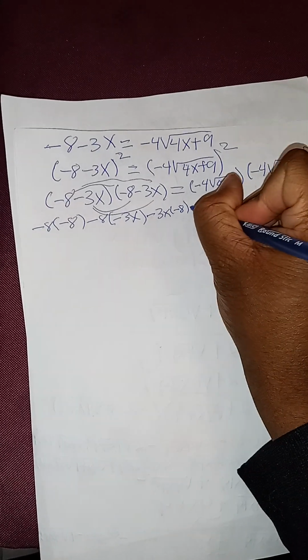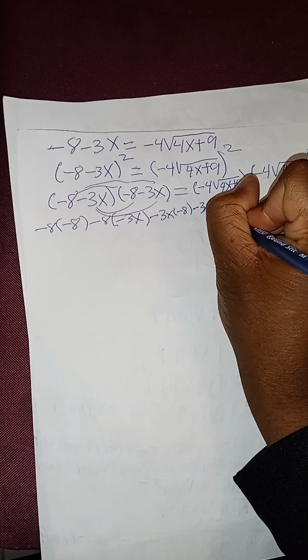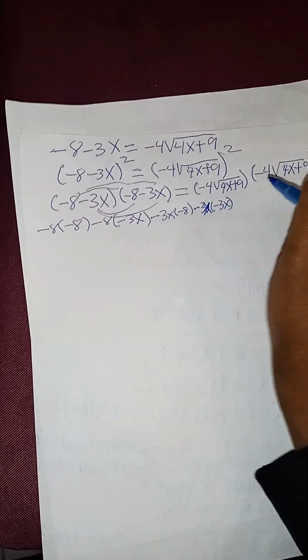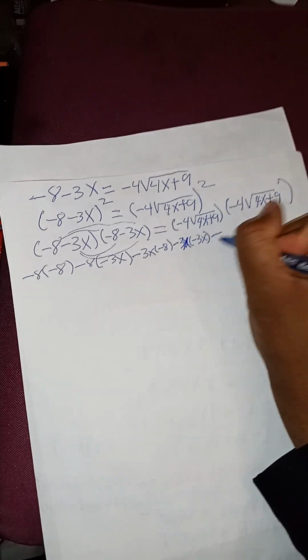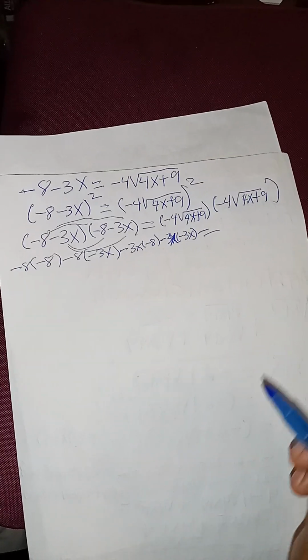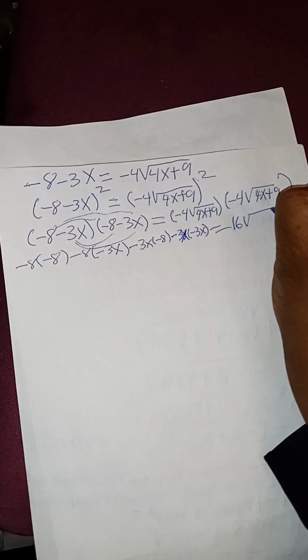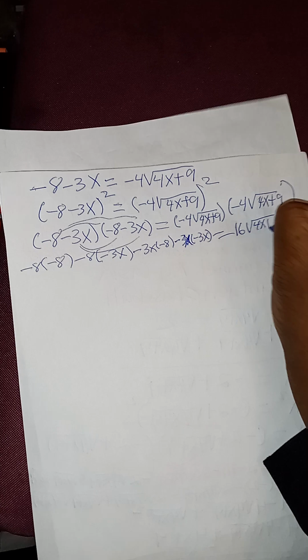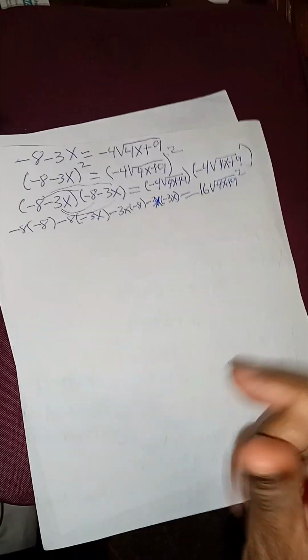And then minus 3x times -3x. Is equal to -4 times -4 is 16 times the square root of 4x plus 9 squared.